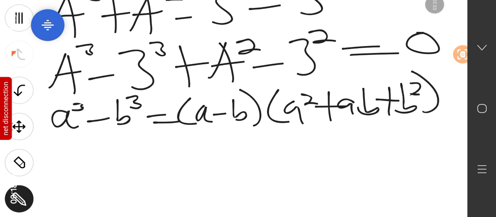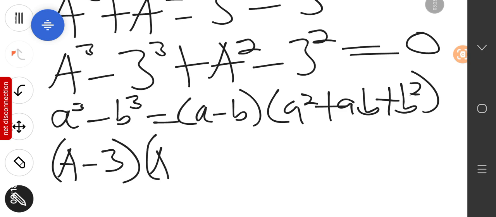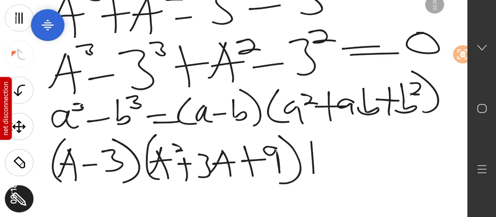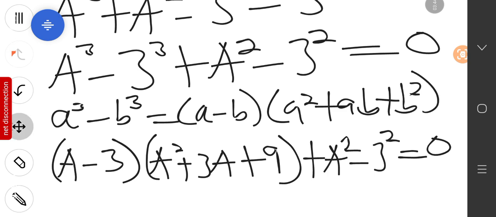So we're going to have a minus 3 times a squared plus 3a plus 9, and then here we have a squared minus 3 squared equals 0. So we have applied the difference of cubes identity.